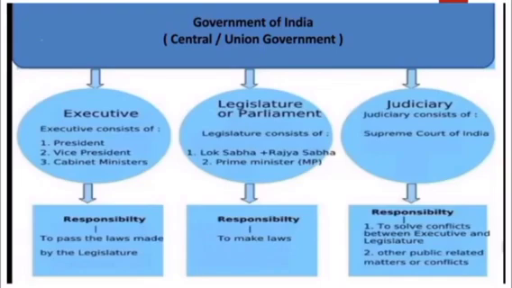The legislature consists of the Lok Sabha, which is your lower house, plus the Rajya Sabha, which is your upper house at the central level. Then the Prime Minister, PM. So the major responsibility of the legislature branch is to make laws.